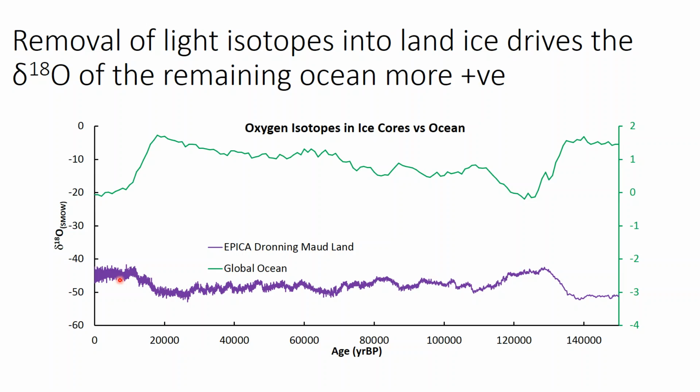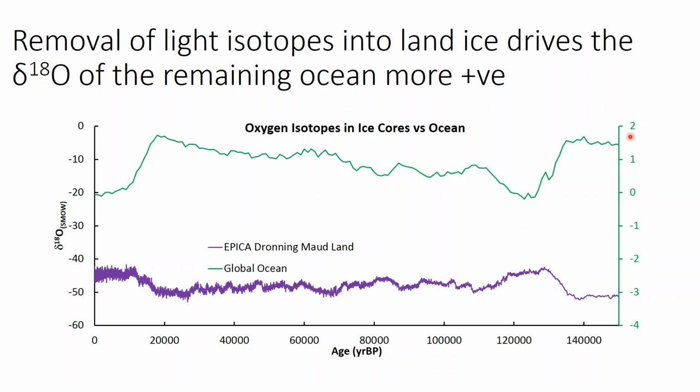So if we're removing lighter isotopes and storing them up in ice sheets, the remaining ocean left behind must therefore be enriched in the heavy isotopes, which effectively remain in the ocean after evaporation. And we can see that the difference here is actually very small.